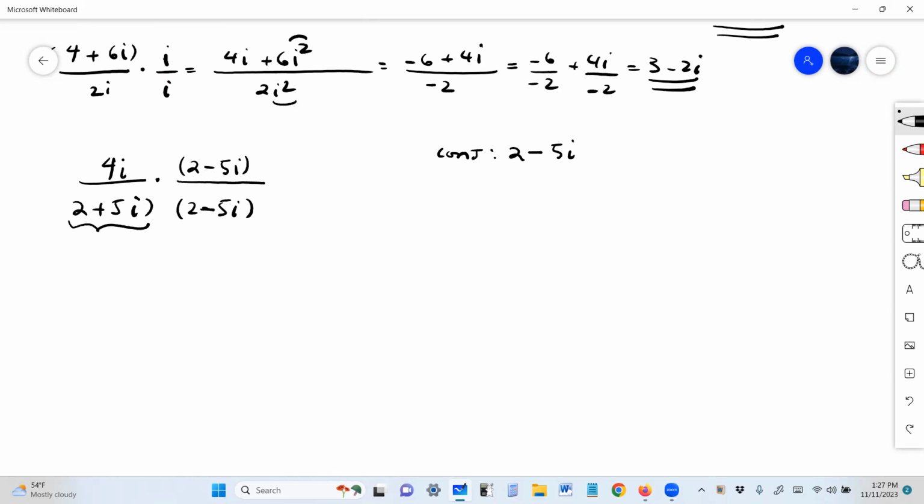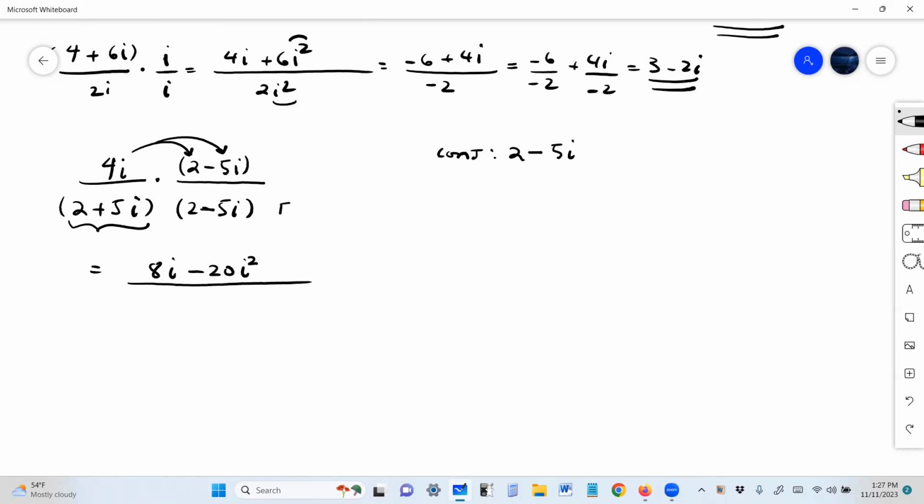Keep in mind there's an invisible set of parentheses here. Okay, so distribute the 4i as we normally do. So I have 4i times 2, 8i, and 4i times negative 5i, minus 20i squared. Okay.